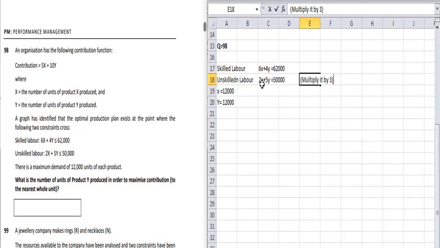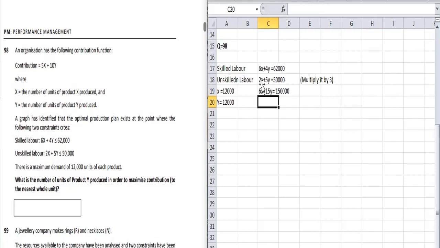I think you guys know the basic things of how to solve equations, so I'm not going into detail on that part. So what will be the revised equation? It will be 6x plus 5 times 3, which is 15y, equal to 50,000 into 3, which means 150,000.